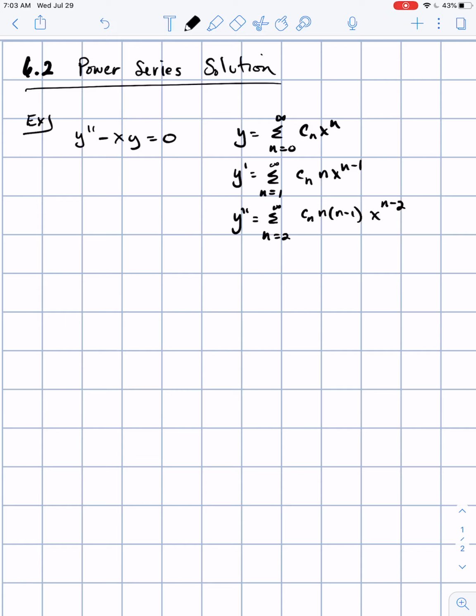Now plug everything into the differential. So y double prime will plug in, and minus x times y. Okay, once you get here, just do some algebra.